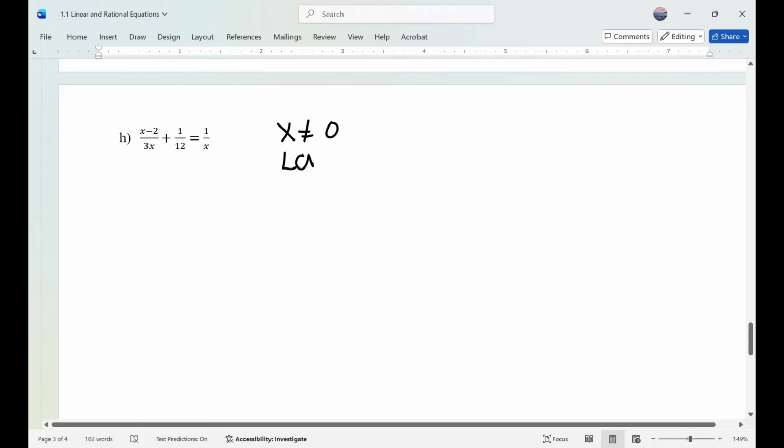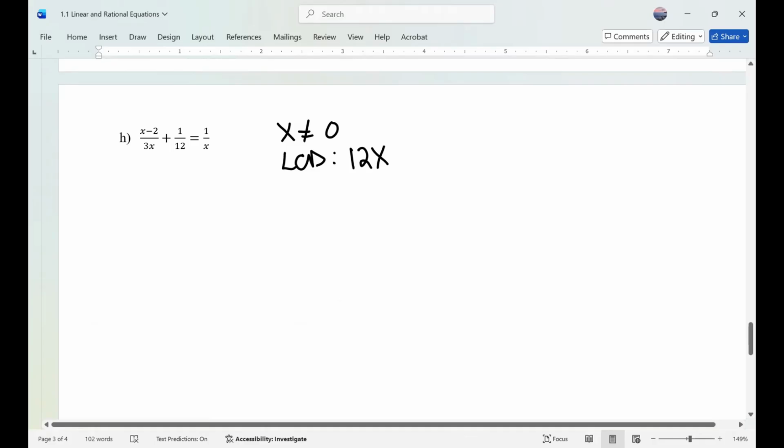Now let's go for our LCD. If we look at just the 3 and the 12, the LCD between 3 and 12 is the bigger number. 3 is not the LCD because we have more than just the 3 with the 12. So in this case, our LCD is going to be 12 because 3 goes into 12. And it's also going to be x because both of those x's pair up and get written down once.